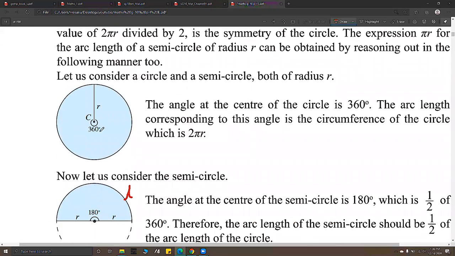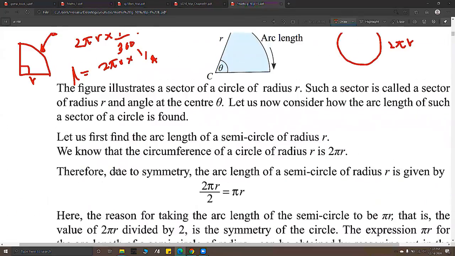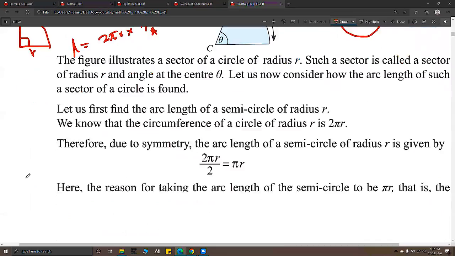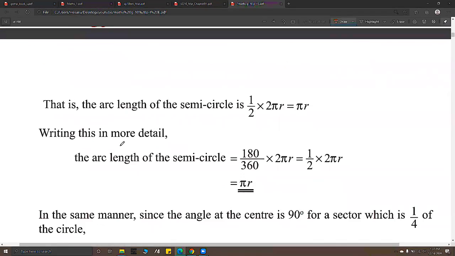If it is 360, you just put 360, so it will be 1. In the earlier case I considered 90 degrees, so you put 90 here. This theta is the angle around the center of the circle, the angle of the section of the circle. So it will be clear to you. If not, you can go through the video again.